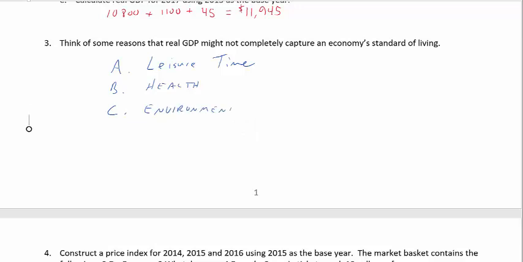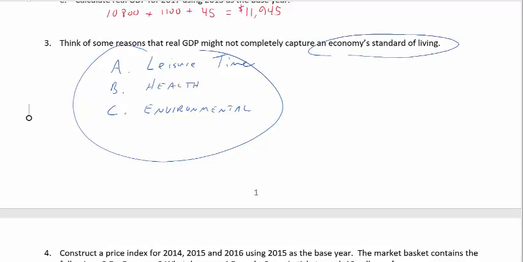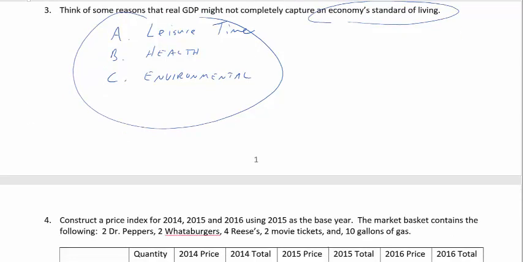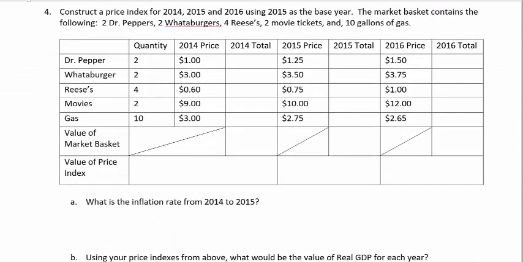Okay, so the point is that we could have the highest GDP in the world, but if we work 90 hours a week, we have no leisure time. If we have tons of pollution and we're working ourselves to death, our health is bad. Environmental effects of production could be more pollution and things like that. So GDP doesn't capture those things, but it's still probably the best single measure we have to measure our standard of living.